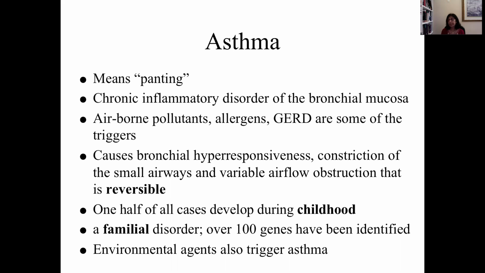This is basically through spasm that it triggers constriction of these small airways and variable airflow obstruction. However, this can be totally reversible. Okay, unlike COPD, where it's not fully reversible, asthma can be fully reversed.